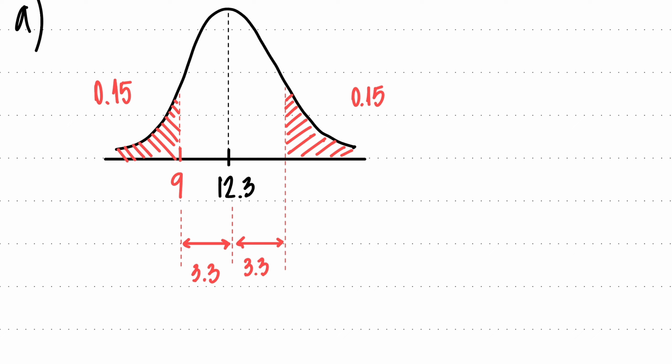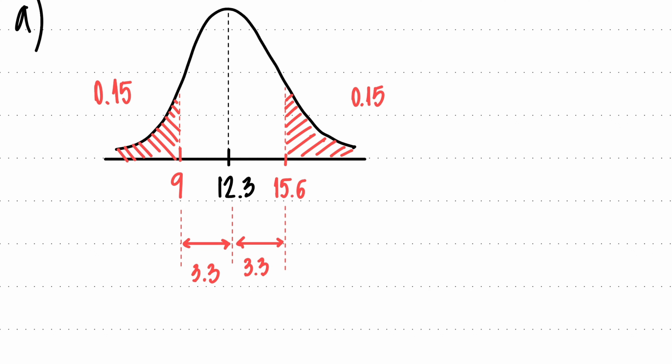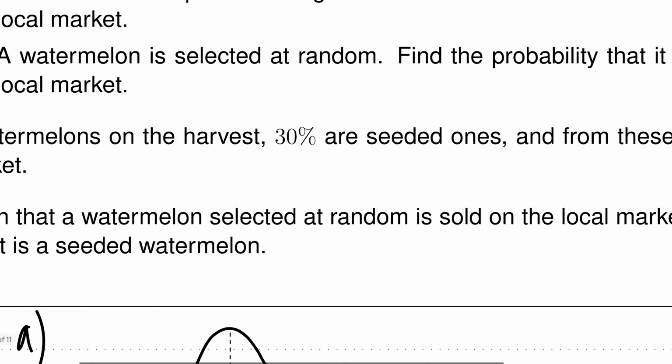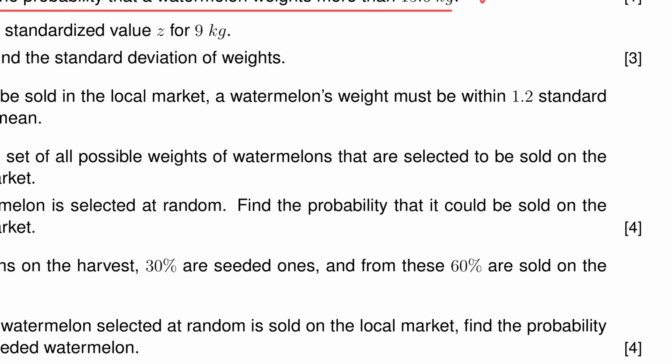Now, what is 12.3 plus this step of 3.3 to the right? Well, that gives us the 15.6 that was mentioned in the first place by the exercise. Therefore, this probability right here is 0.15.